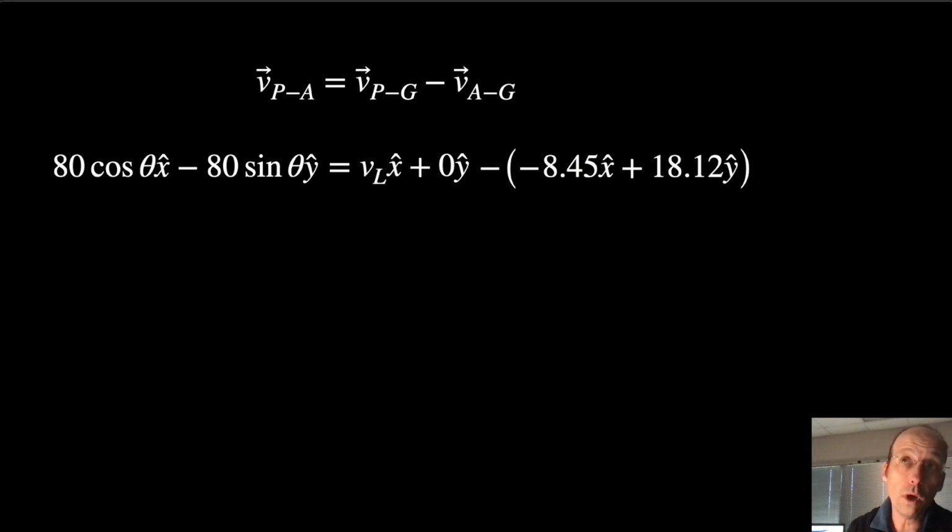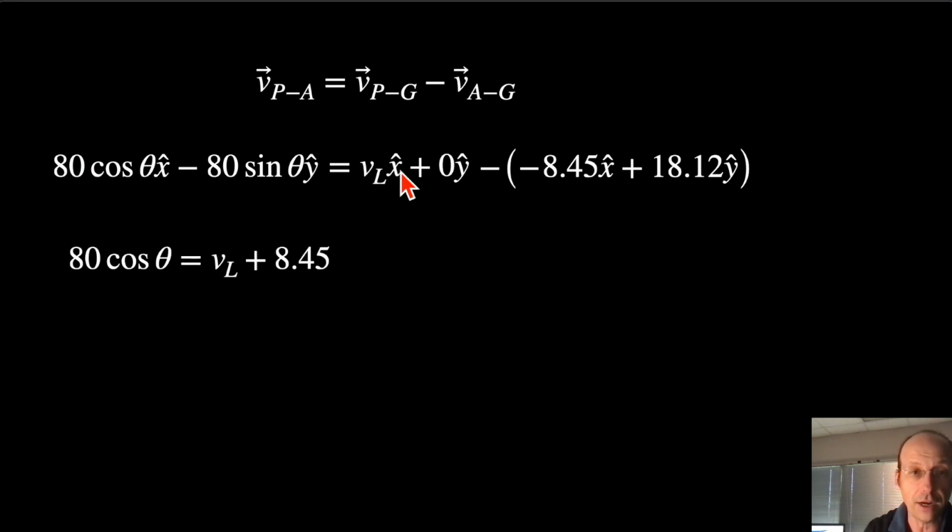Now, since I have a vector equal to a sum of vectors, one way to do this is to say the x component of this vector has to be the x component of this vector. So the x component here is 80 cosine theta. The x component over here is going to be VL plus 8.5, right? Because I have x hat, and a negative of a negative is positive. So that is an equation.